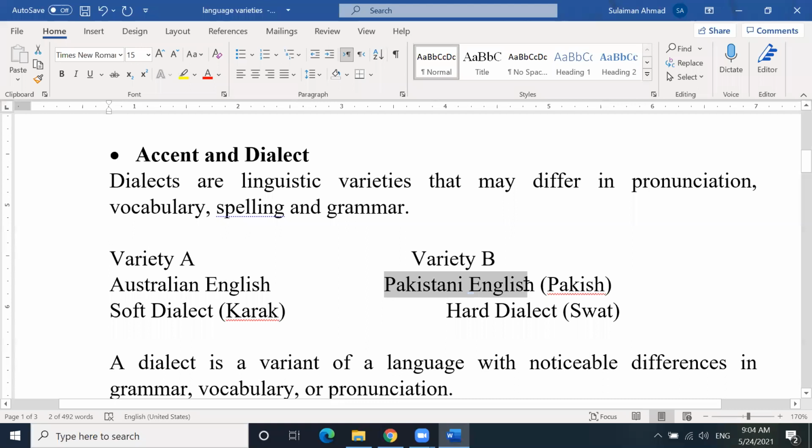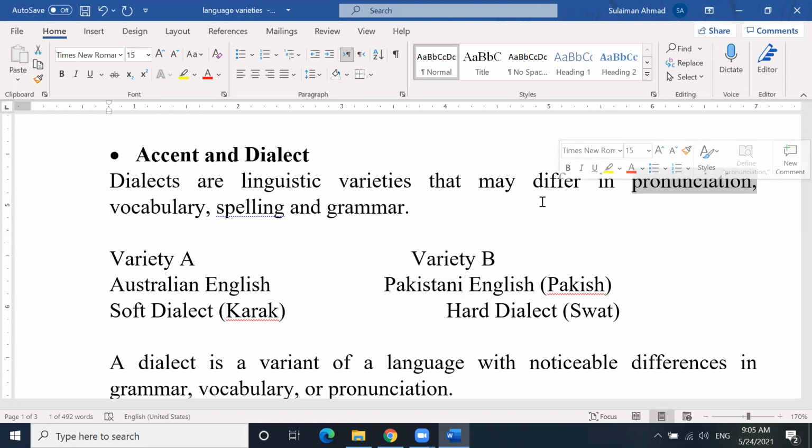A dialect, the dialect of a language. But when we talk about accent, there we talk about pronunciation only. If I say the Pakistani accent is different from the Australian accent of English, it means that Pakistani English is different in terms of pronunciation only. We're talking about phonological differences only. We have nothing to do with differences of spellings, vocabulary, or grammar.